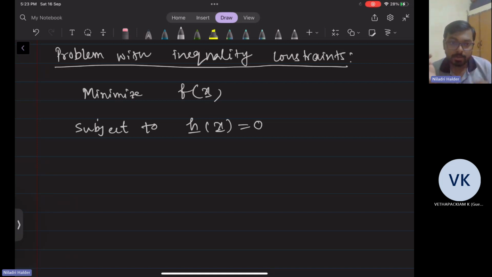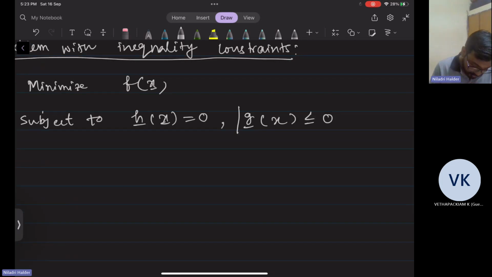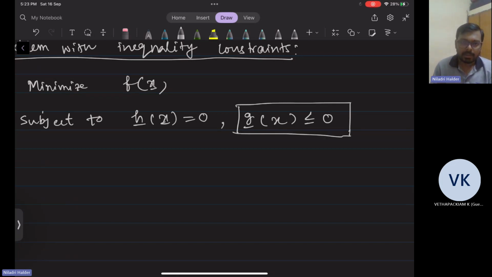Now one more extra constraint is there: g of x less than or equal to 0. This is the inequality constraint. For this case, the first order condition and second order condition will all be changed.